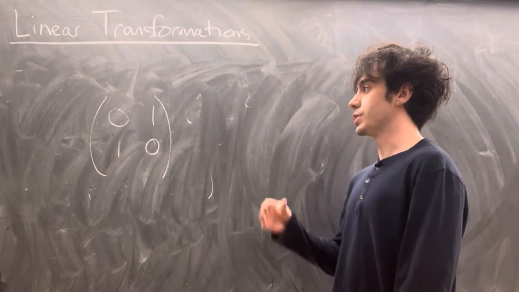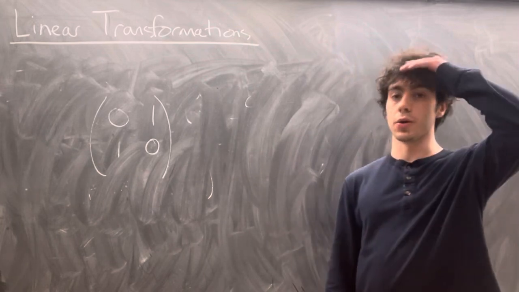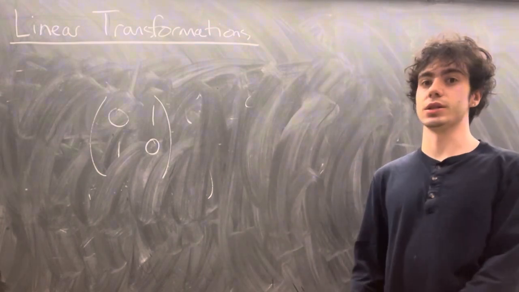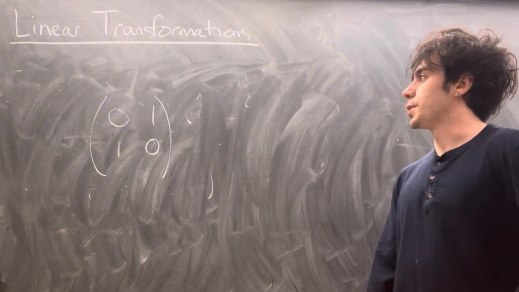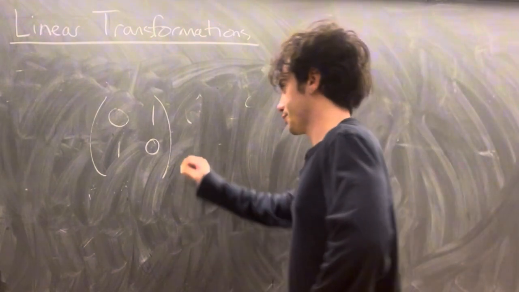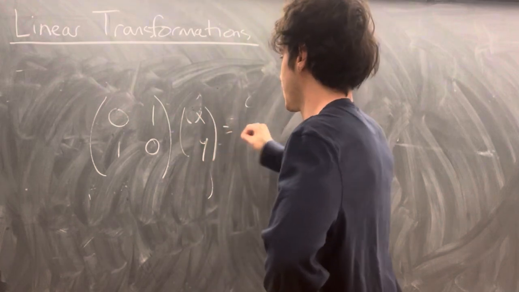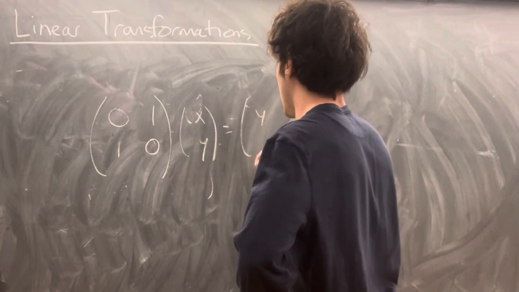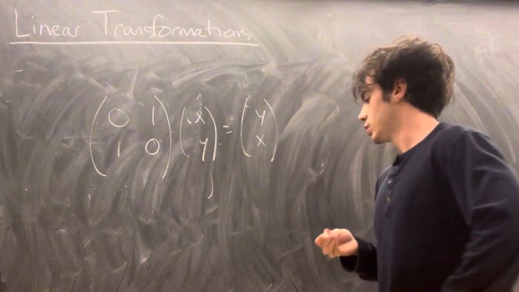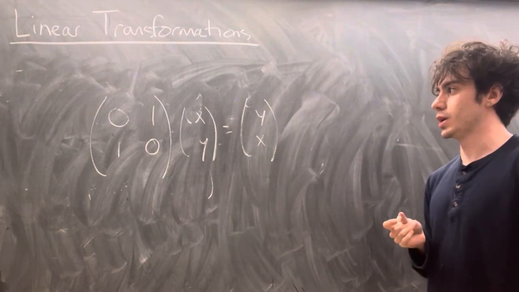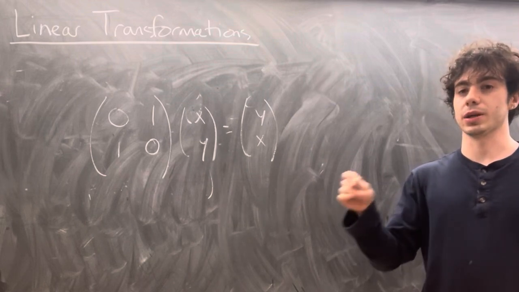Now, this is also going to be a linear transformation, and I'm not going to go through the steps to show that it is, but the addition and multiplication conditions will hold. But if we multiply a vector x, y, then we're going to get the vector y, x. So this is still a pretty basic transformation, but it's a little more interesting. There's something that you can actually think about happening on the graph.